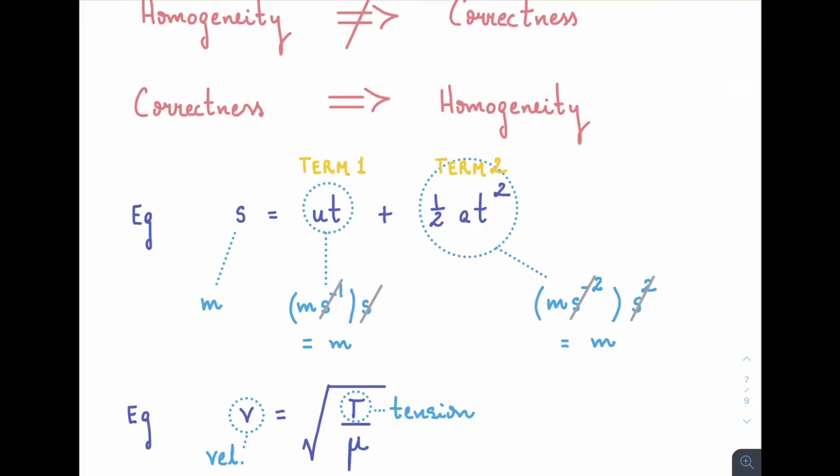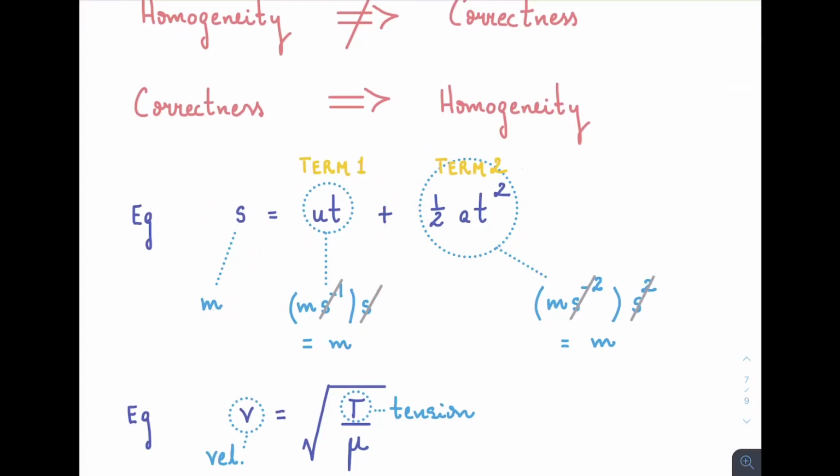So this is only possible if term 1 is itself in meters, term 2 is itself in meters, such that if we add something in meters to another in meters, we end up with an answer in meters.